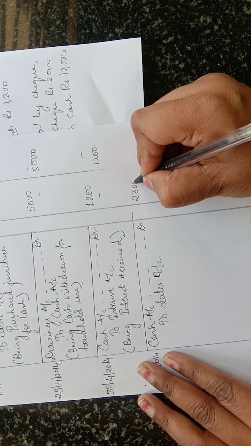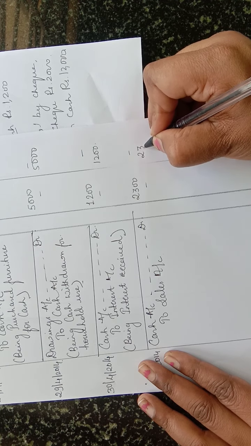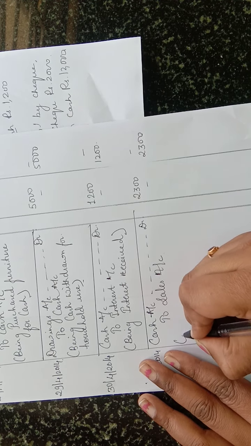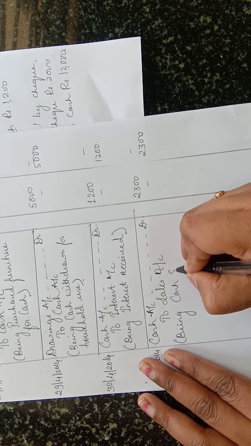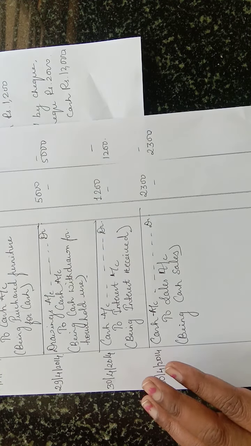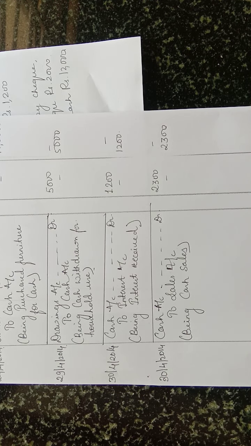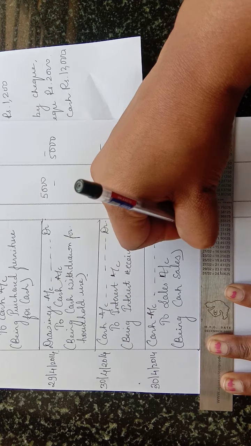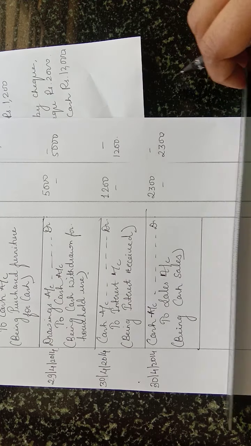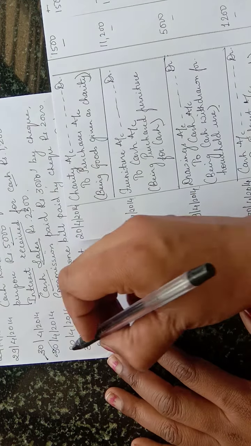Debit amount 2300. Credit amount 2300. Being cash sales. Okay. I told the rule, shortcut rule. Sales account is always credited. Okay. Draw the line. Okay. Next. See all are 30 date.